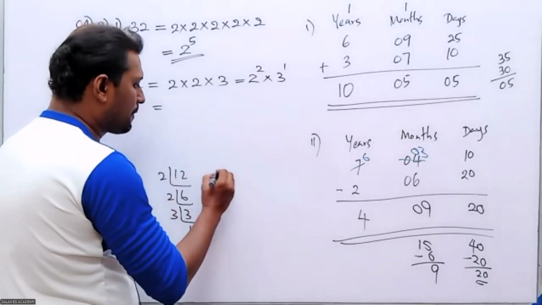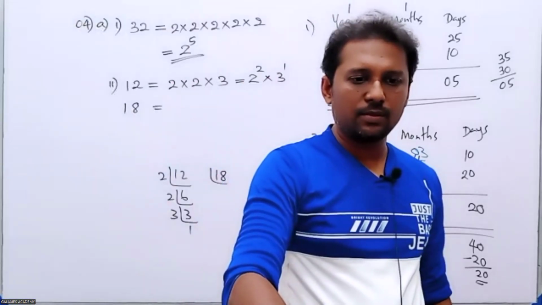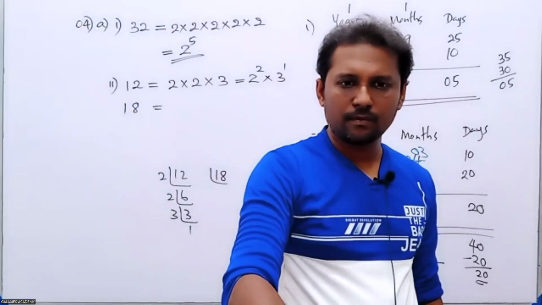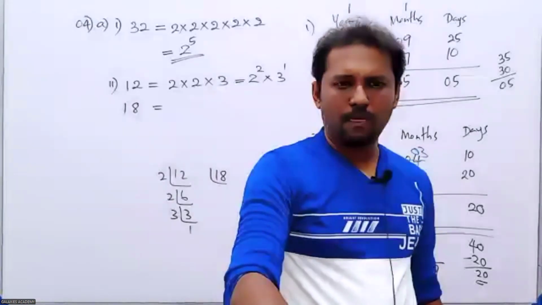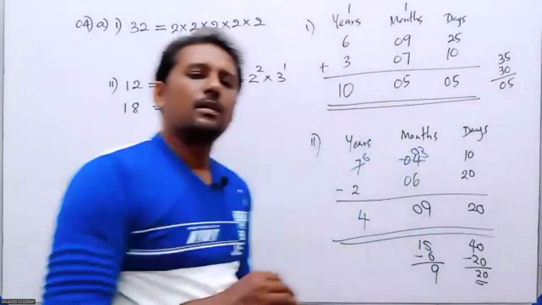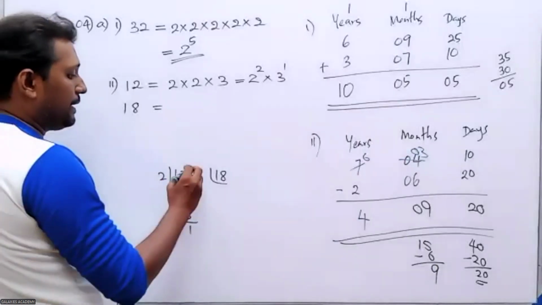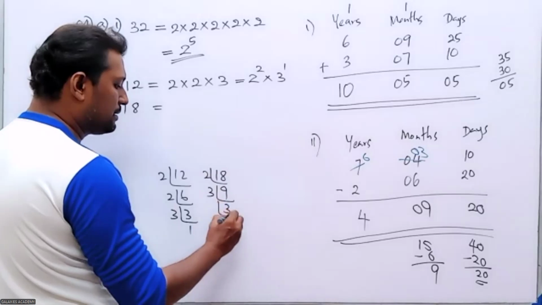18. In this question, it is given to write in index form, yes, index form, as a product of powers. Right. 18 we can divide by 2, 9. 9 divided by 3, 3. 3 divided by 3, 1.